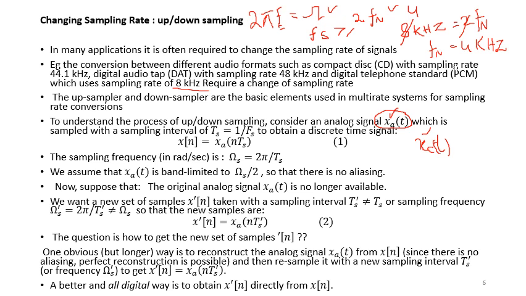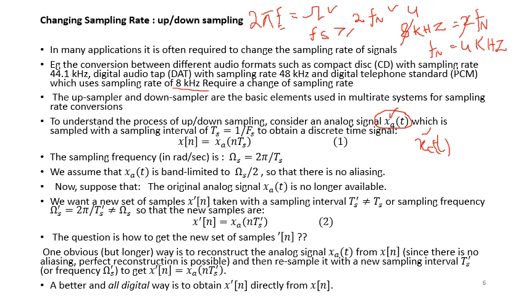So we have xa(t), the analog signal, which is sampled with sampling interval of Ts. Ts or the capital T are also the same. The S signifies that it's a sampling period, but even if it is just written T, that T means the sampling interval or sampling period.